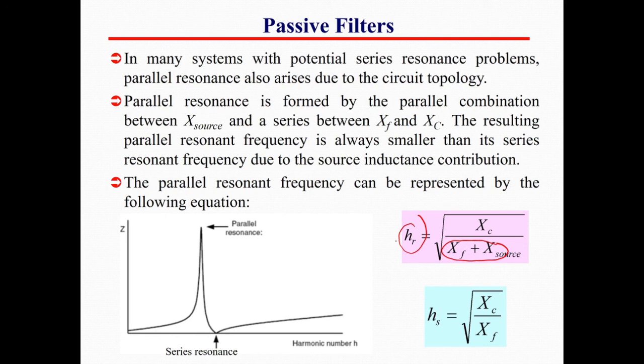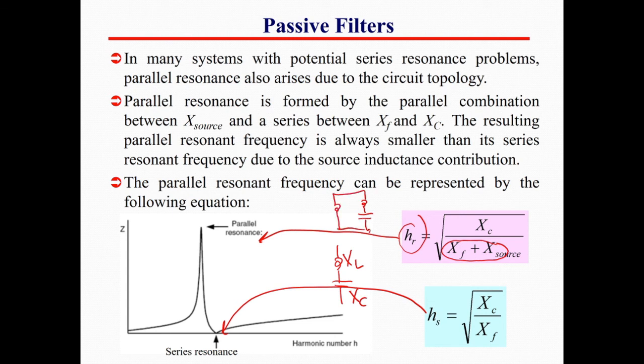So this is with regard to the parallel resonance, and that is with regard to the series resonance, in which we have only XL and XC. But over here we have the filter in parallel with the source impedance.